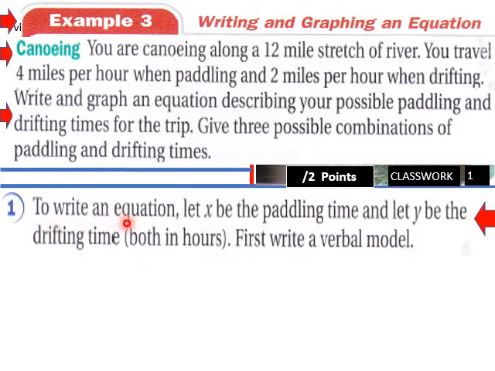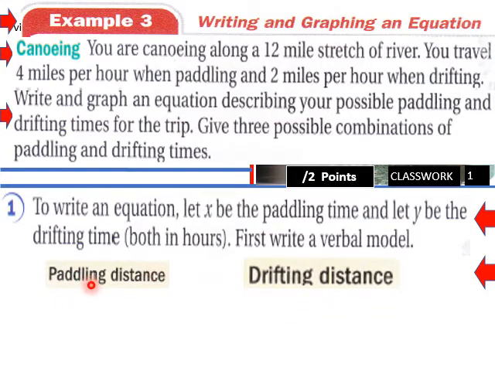So 1, write an equation. Let x be the paddling time and let y be the drifting time. These will both be in hours. First, write a verbal model. We have paddling distance and drifting distance. We have our paddling rate and our drifting rate.